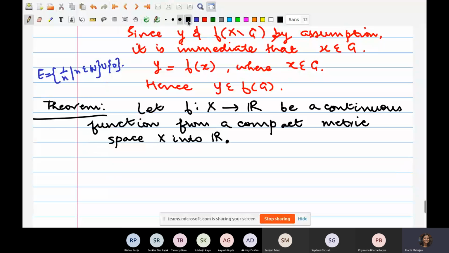Anyway, let me go ahead. The statement of the theorem is: I have a continuous function from a compact metric space X into the real line.